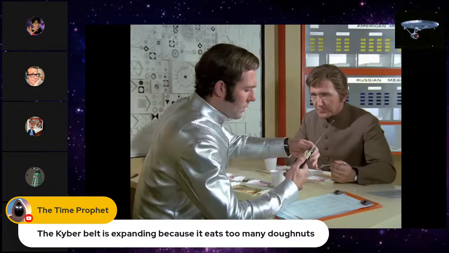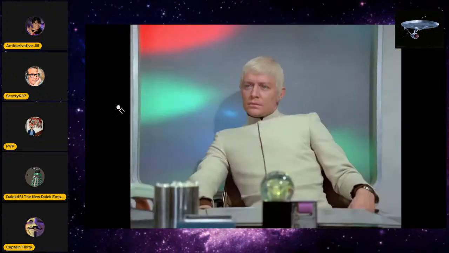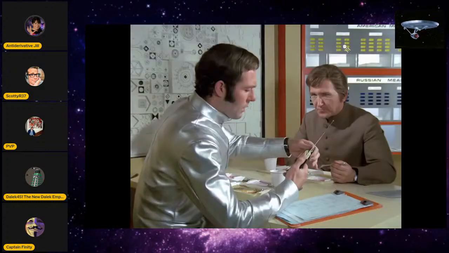Yes, says you. All right. Then the Time Prophet says the Kuiper Belt is expanding because it eats too many donuts. True. Krispy Kreme has a drive-through in the Kuiper Belt. So Alec Freeman is getting outraged that there's no space flights.